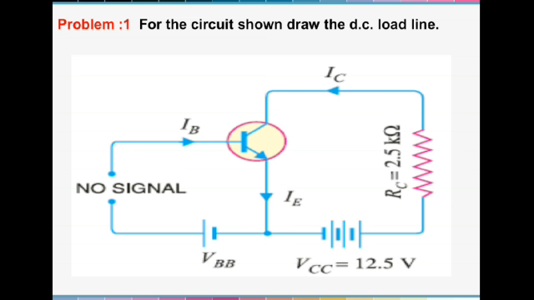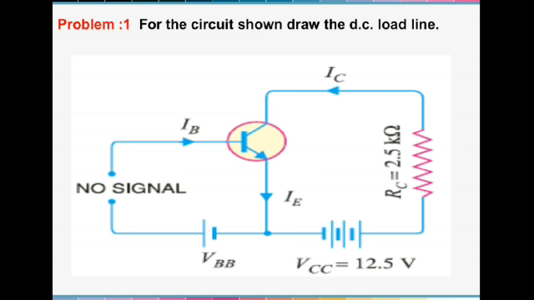So next we are going to discuss one tutorial problem based upon this DC load line. One circuit is given, and we are asked to draw the DC load line. Already we said the condition to draw the DC load line is when there is no input signal. That is why in the given circuit the input signal is mentioned as no signal.